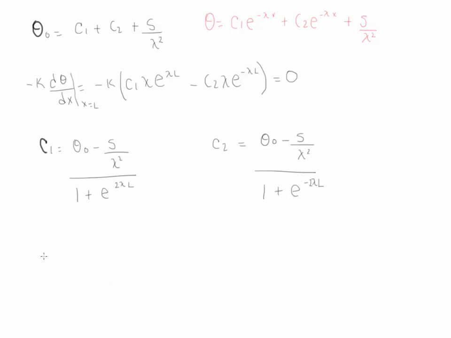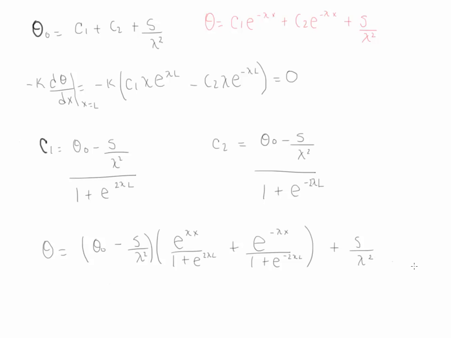If we substitute back into the original equation, we find that the value of theta is going to be theta 0 minus S over lambda squared times e to the lambda x divided by 1 plus e to the 2 lambda L plus e to the minus lambda x divided by 1 plus e to the minus 2 lambda L, plus S over lambda squared.